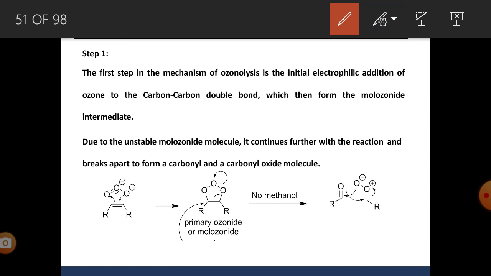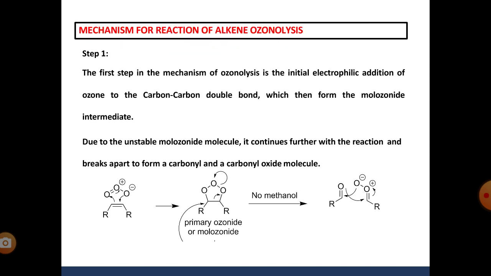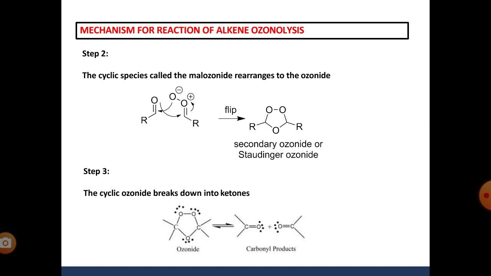So this ozone gets added at the carbon-carbon double bond and it is converted into a ring-like structure. After that, this ring-like structure breaks down into a carbonyl compound.